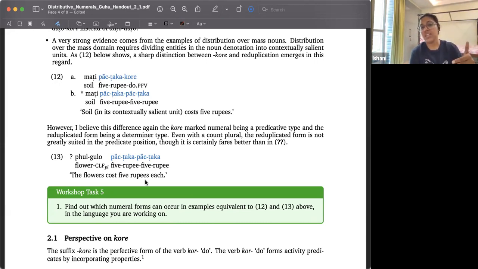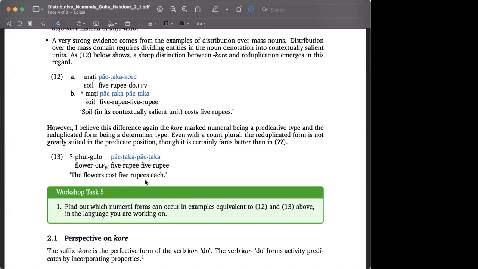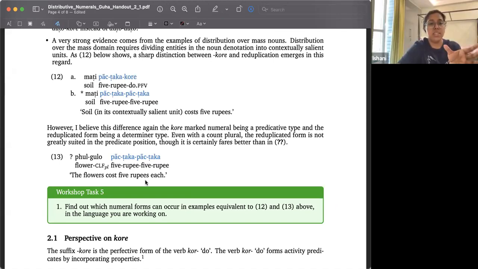12 and 13 are examples where this numeral is a measure phrase, because taka is a measure word. So it needs to occur as a predicate, and here in the predicate position, reduplication is not doing so well, as opposed to core, which is totally cool as a predicate. It does form a predicate.